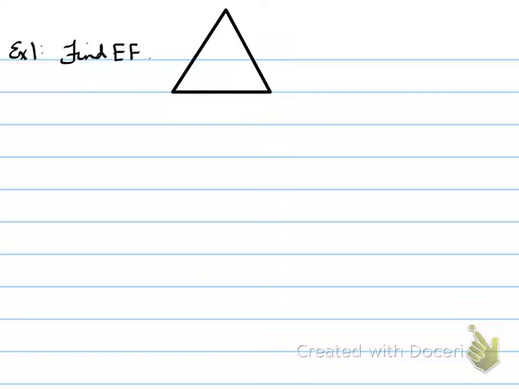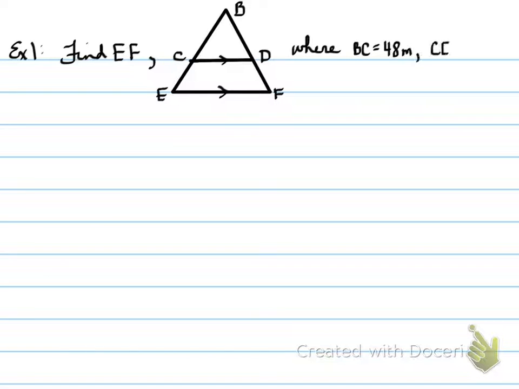Let's look at some examples. Example 1. Find EF. So we're looking at finding EF, and this is the information that's given. BC is 48 meters, CE is 12 meters, and CD is 16 meters. What should we do first?